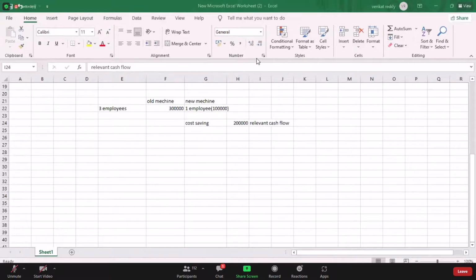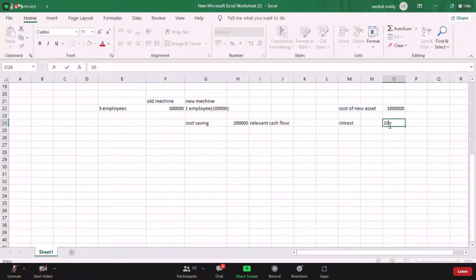Suppose, for example, very good point you mentioned, Anton. Let me explain this. Here how much cost did I save? 2 lakhs. Let us assume that the cost of the new asset is 10 lakhs. And I borrowed this 10 lakhs to purchase the new asset, and I'm paying an interest of 10% on this. It means how much am I paying in interest? 1 lakh I'm paying as interest.